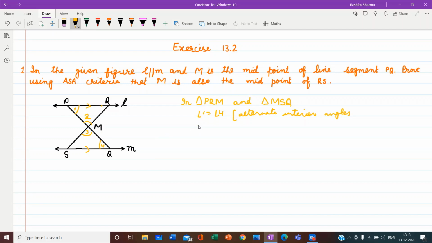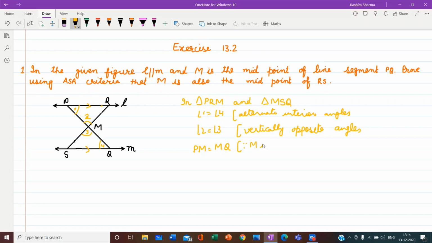Then angle 2 is equal to angle 3. These are vertically opposite angles. Now, as we are given M is the midpoint, so we can write here PM is equal to MQ.